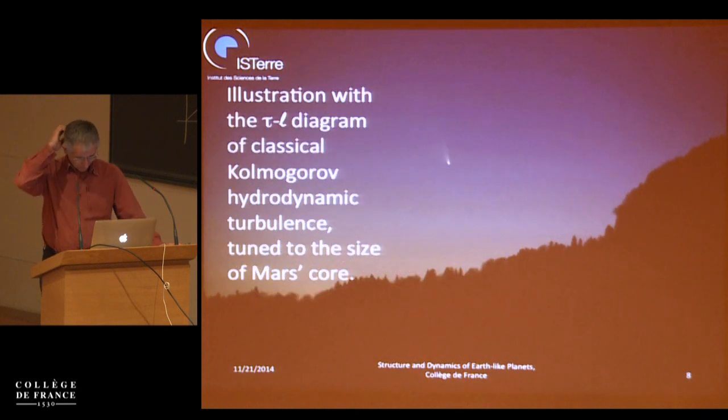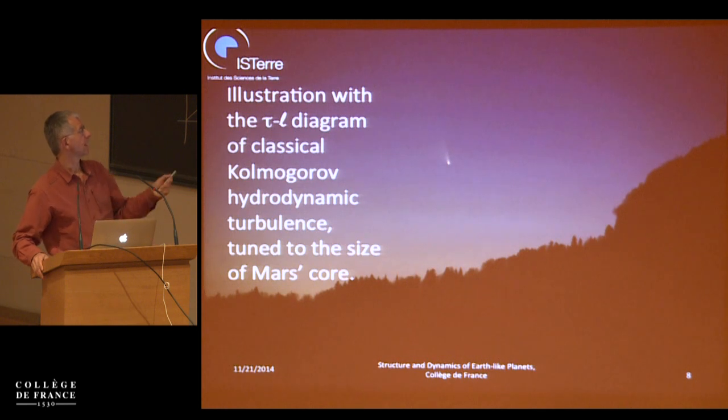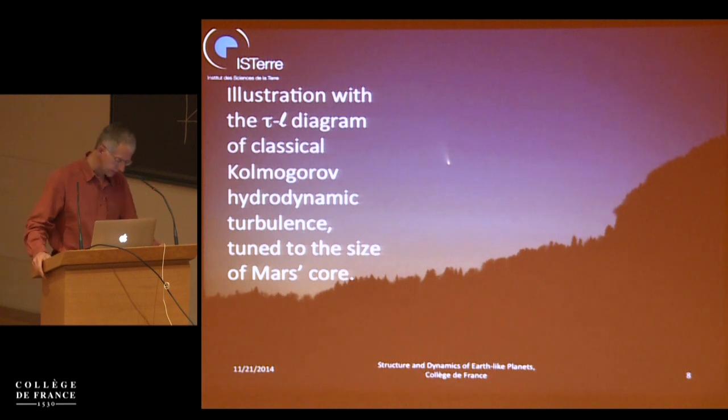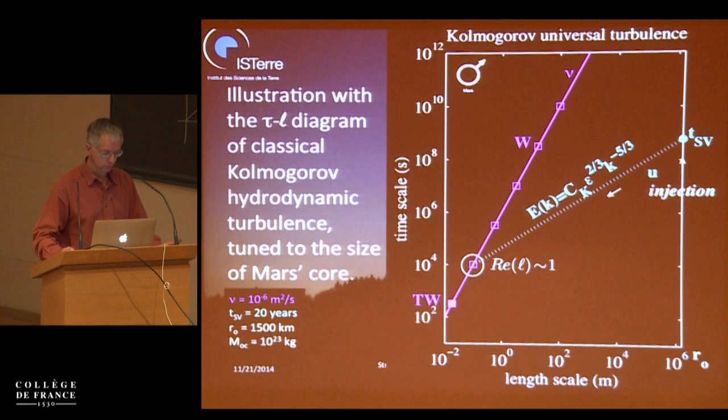Okay, so I would like now to try to illustrate these ideas with the simplest diagram we can start with, this Kolmogorov hydrodynamic turbulence, the A of K diagram I just showed you, but in this different representation. And to make it more planet-like, I've tuned this diagram to the size of Mars's core, I hope.